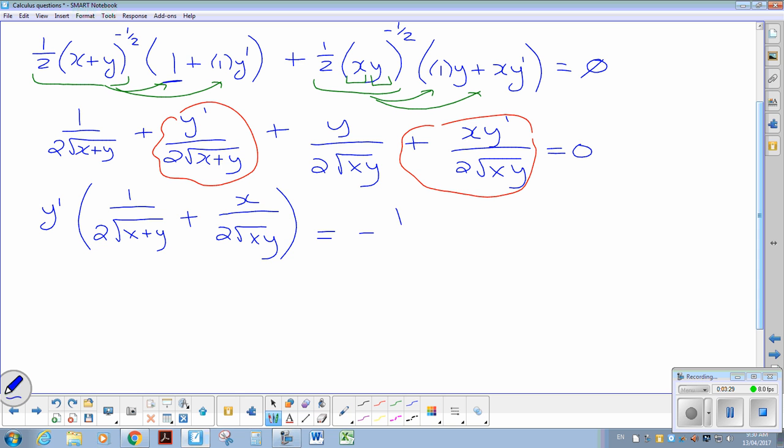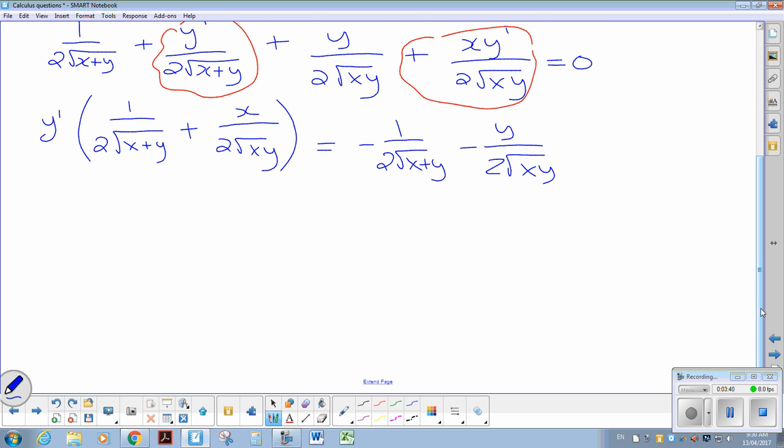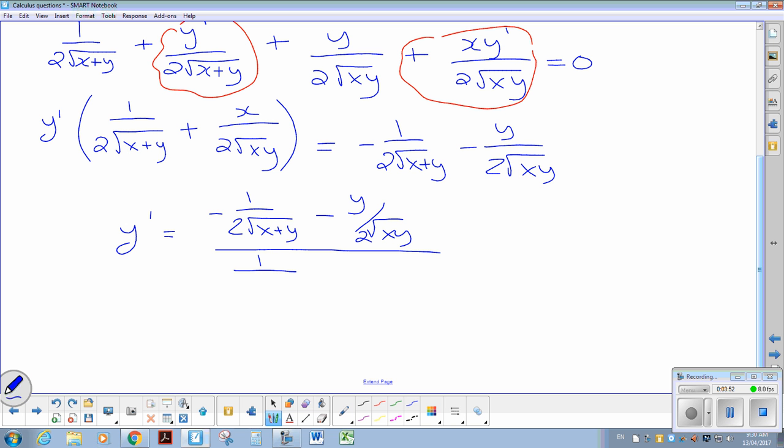So I'll have negative 1 over 2 square root of x plus y minus y over 2 root xy. My final answer, getting y prime by itself, is negative 1 over 2 square root of x plus y minus y over 2 root xy, all divided by that other fraction, 1 over 2 square root of x plus y plus x over 2 root xy.